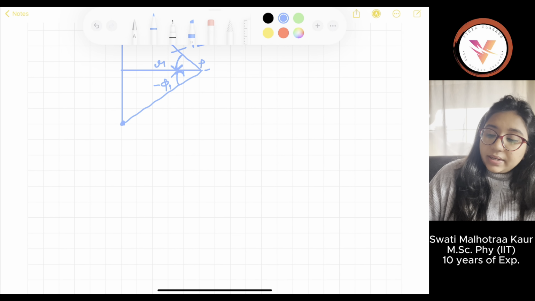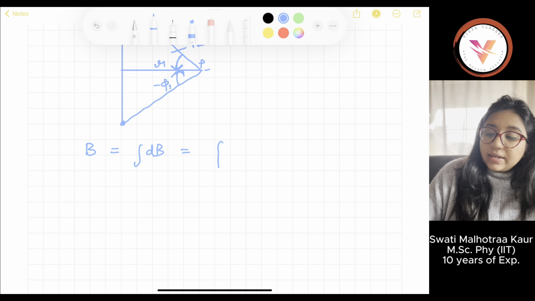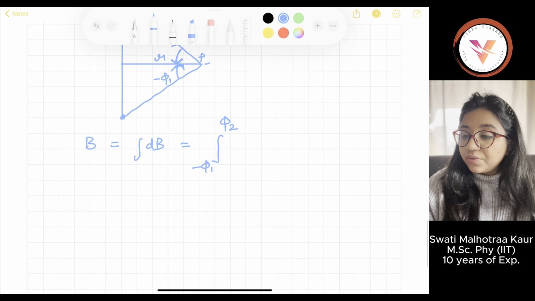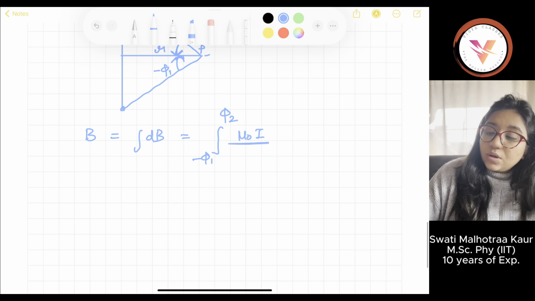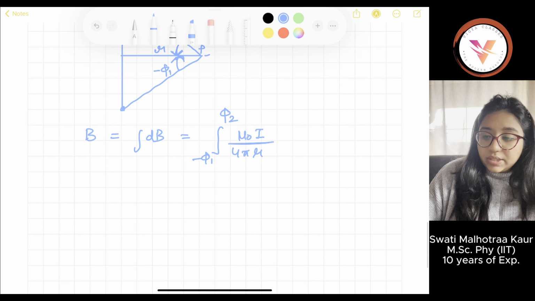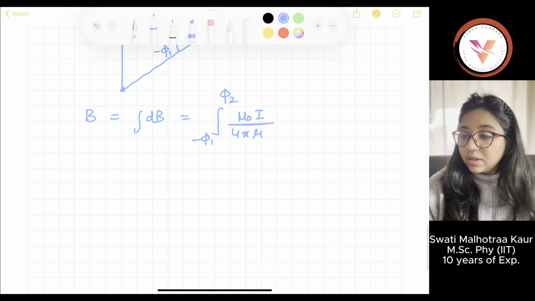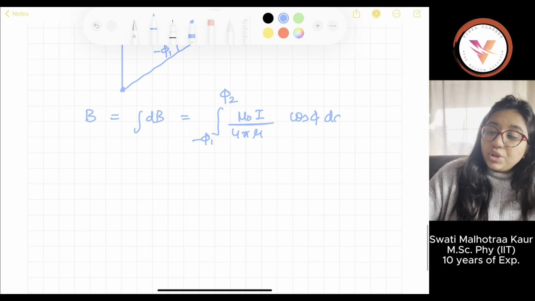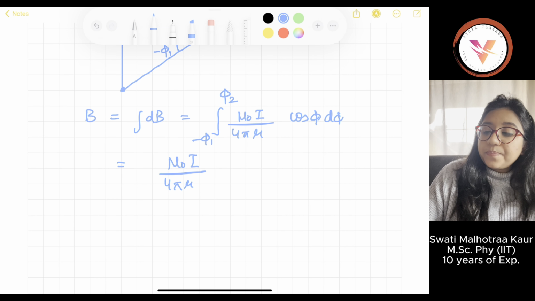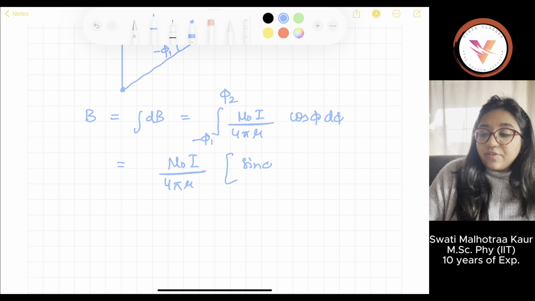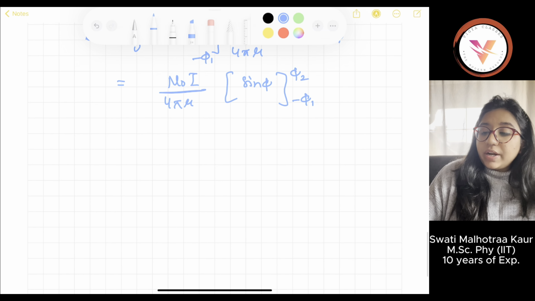So just integrate dB, you will get B total, and that equals, from minus phi 1 to phi 2, the integral of mu naught I over 4 pi R, which is a constant. You can take the term out, into cos phi d phi. So you only have to integrate cos phi d phi. This becomes mu naught I over 4 pi R, integrate cos phi, you will get sin phi, and then you put the limits phi 1 to phi 2.